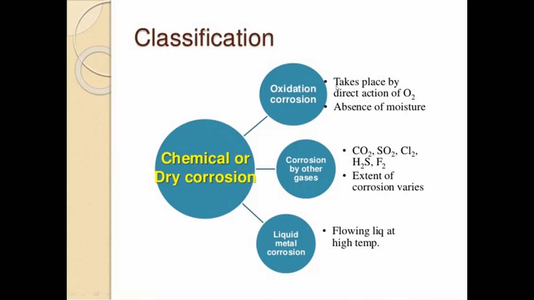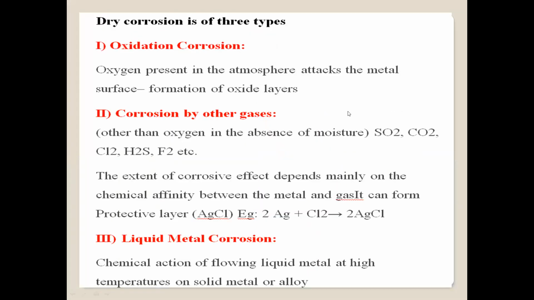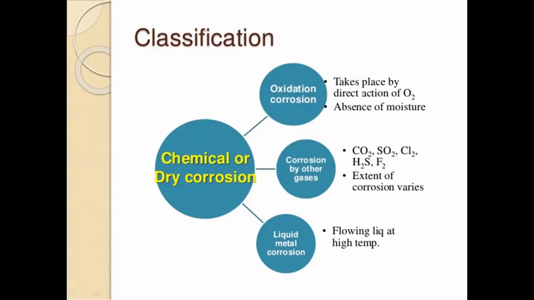So this takes place by the direct action of oxygen and in absence of the moisture. We have seen oxygen present in the atmosphere attacks the metal surface, forming an oxide layer. The corrosion which is due to oxygen gas in absence of moisture is called oxidation corrosion.